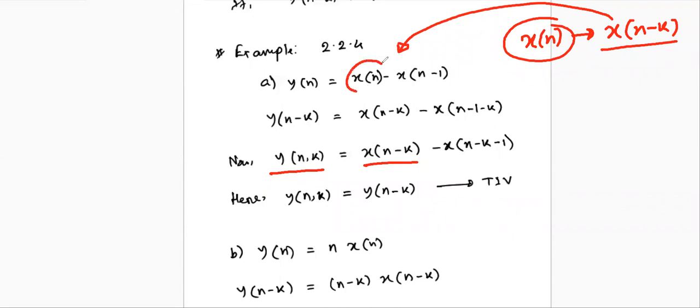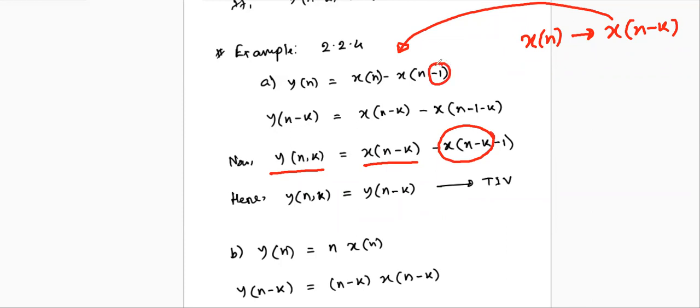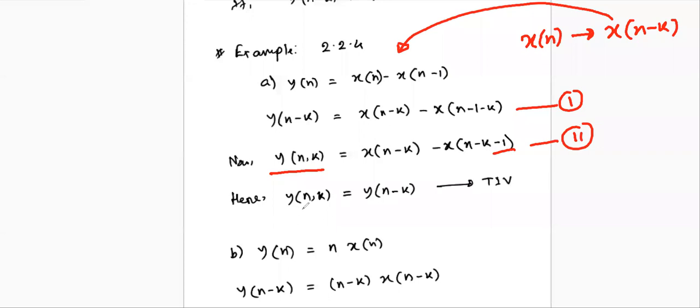So that will come here, and minus will be there because that is the system definition. And what is your x(n) previously? That was x(n). Now it is x(n minus k), so we need to replace it by x(n minus k). That is your input, and minus 1. This is from the system response. So this is minus 1. And from these two equations, number 1 and 2, we found that they are equal. And that's why this is a time invariant system.